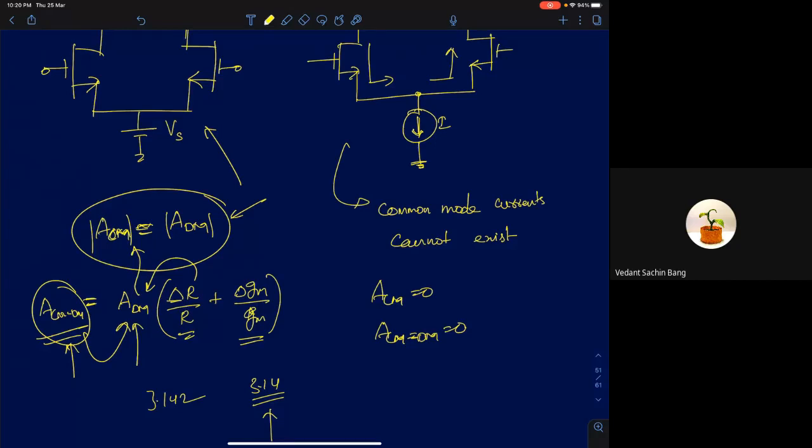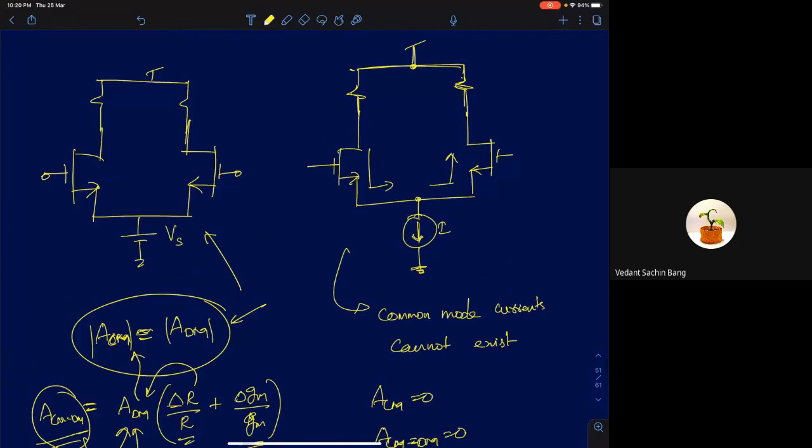Okay. The main advantage of a current source biasing that we just discussed is that it automatically enforces a differential operation. Any increase in this current should be exactly compensated by a decrease in this current, because the sum of the two currents, I1 plus I2, is equal to 0. This condition has to be satisfied. So this automatically tells us I2 is equal to minus I1. If I2 equals minus I1, that's like a differential operation. They both are differential signals.